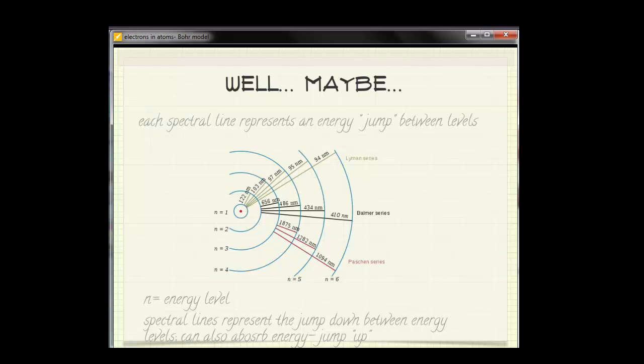Well, Bohr proposed that perhaps electrons are giving off energy when they jump from higher energy states to lower energy states. So Bohr envisioned this hydrogen atom as having the nucleus here, and it had these different energy states or energy shells around it. And he labeled those as n equals 1, n equals 2, n equals 3, n equals 4, all the way up to n equals 7.